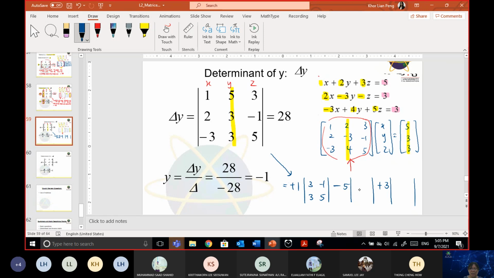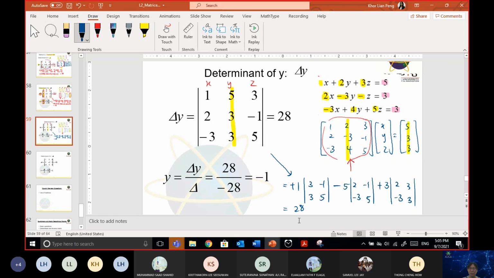Blocking first row, second column, 2, -3, -1, and 5. Blocking first row and third column, 2, -3, and 3, 3. Then you get the determinant of 28.